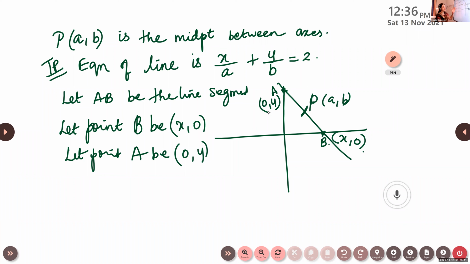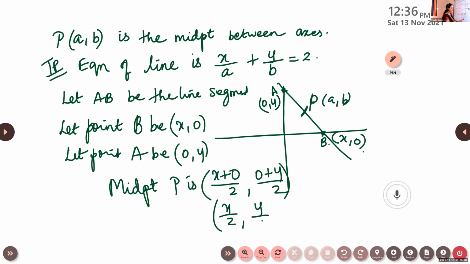Now we can find the midpoint. By using the midpoint formula, the midpoint P is (x1 plus x2 by 2, y1 plus y2 by 2), that is (x by 2, y by 2). But the point is given as (a, b).